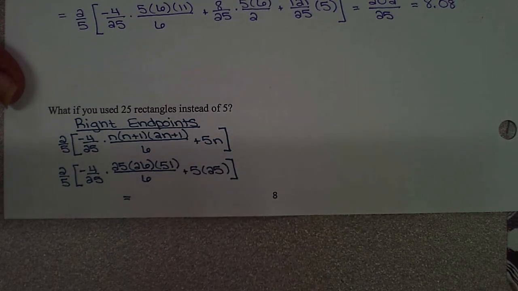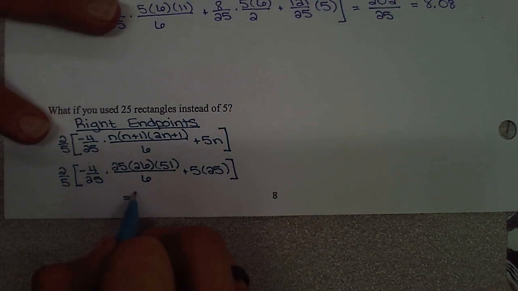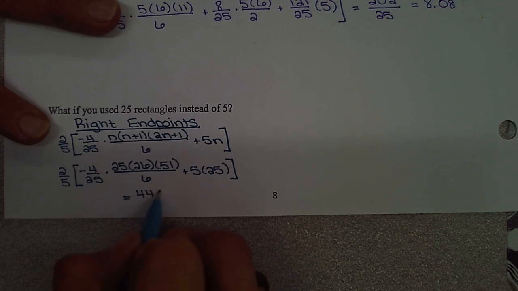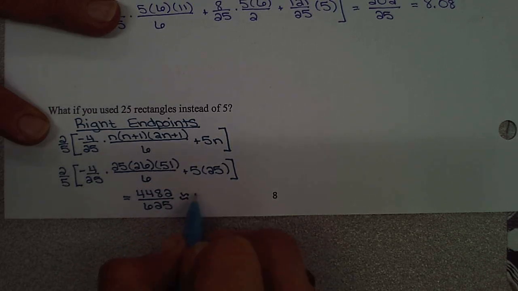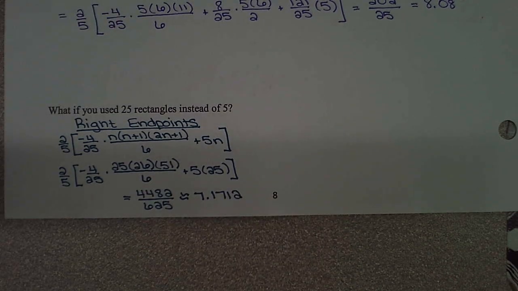And if we number crunch all of that into the calculator, it's going to come out to 4,482 over 625, which is roughly 7.1712.